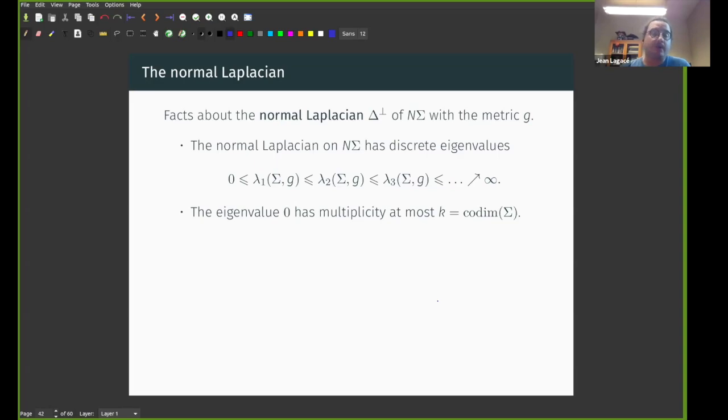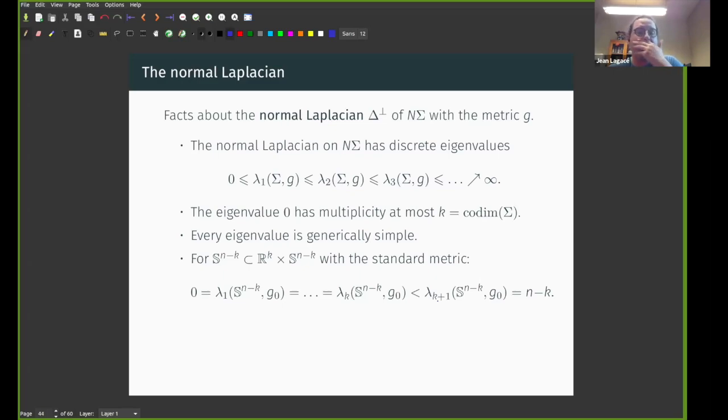The eigenvalue 0 has multiplicity at most k, which is the codimension of sigma in this story. And generically, you expect every eigenvalue to be simple.